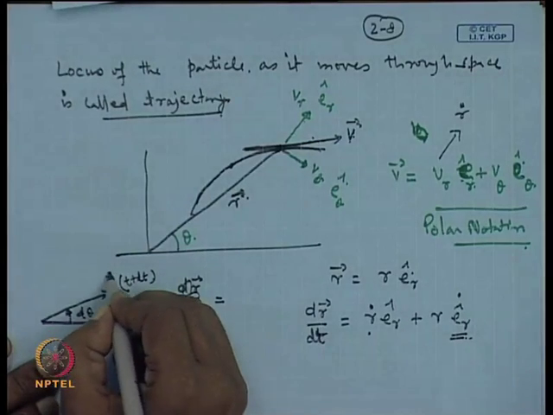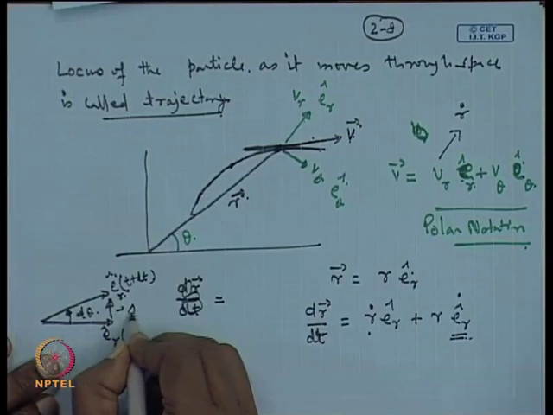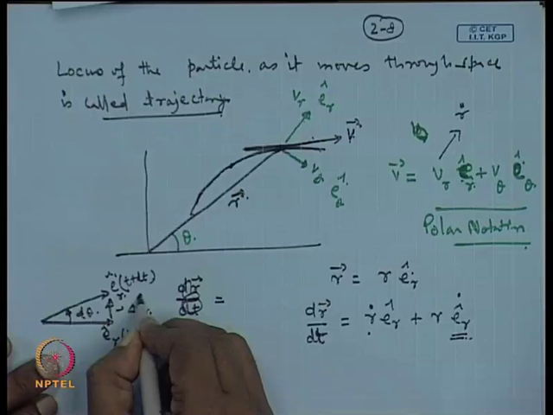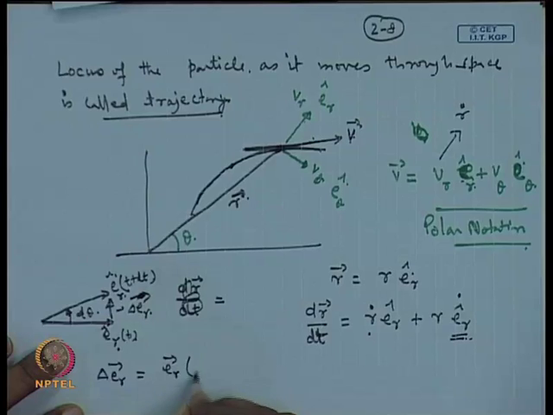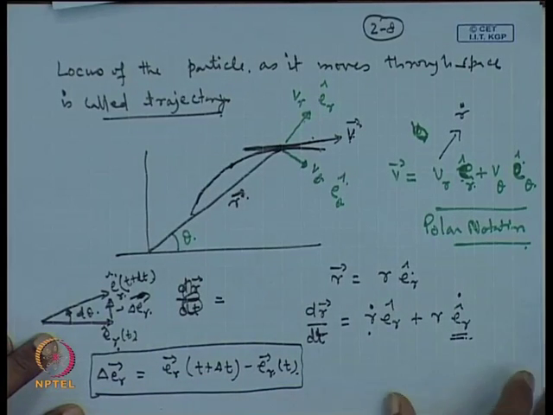This is the unit vector, so the change will be delta E r, and delta E r we can write as E r at t plus delta t minus E r at t.